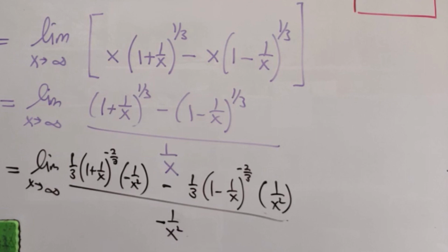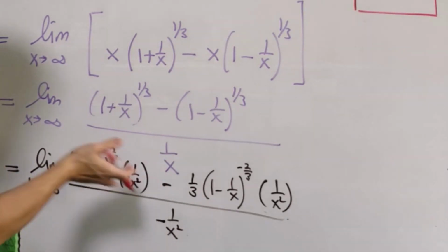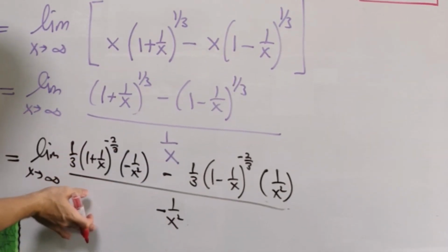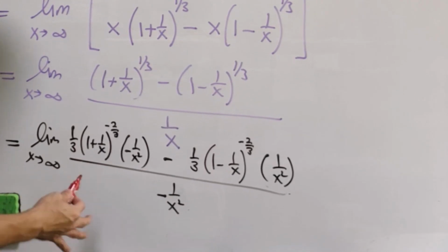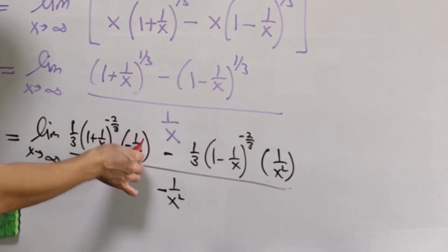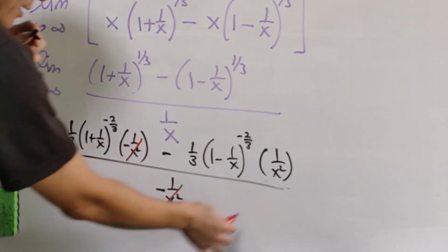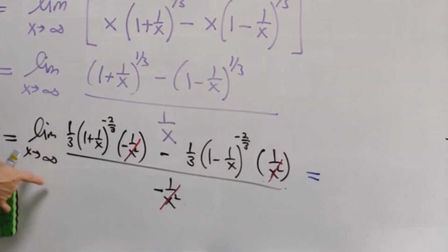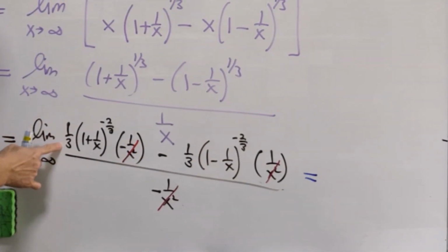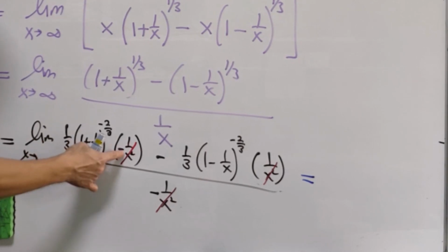So what we can do now is multiply the numerator and denominator by x squared. In doing this, we cancel the x squared. When x is big enough, this is 1 over 3, this is equal to 1, and negative 1.